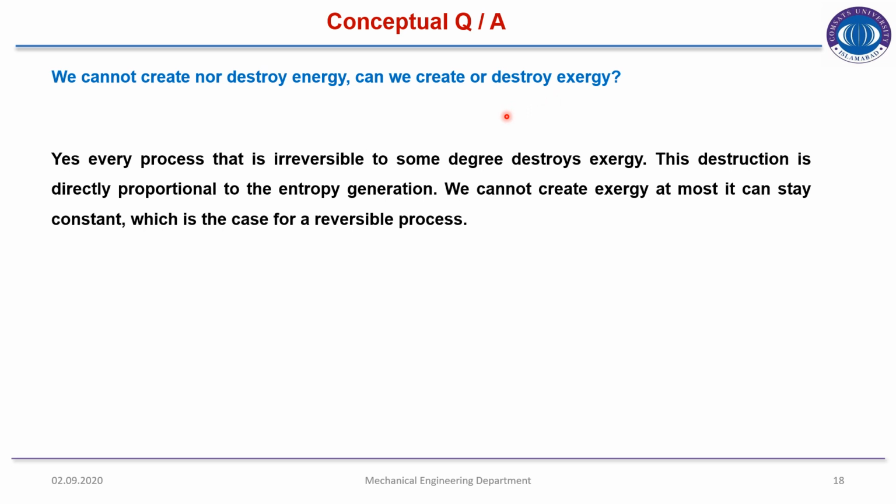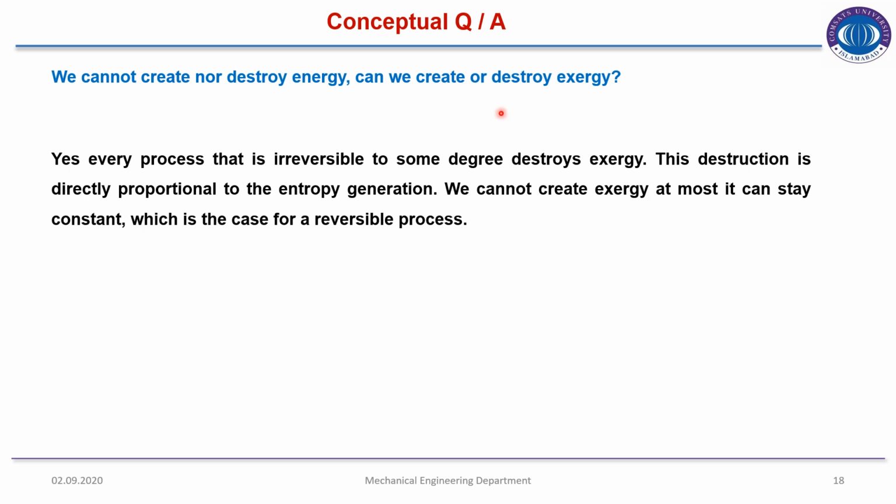As you know, available energy is limited by the irreversibility of the process. If the process is more and more irreversible, then the available energy will reduce further. Irreversibility introduces the entropy generation term.